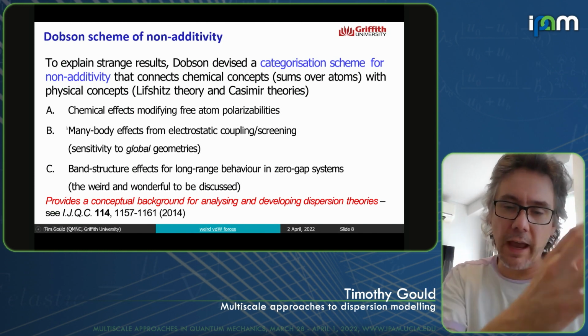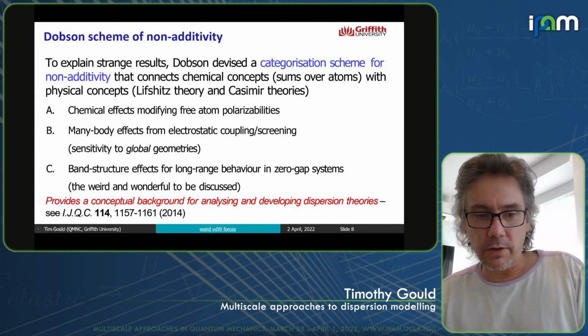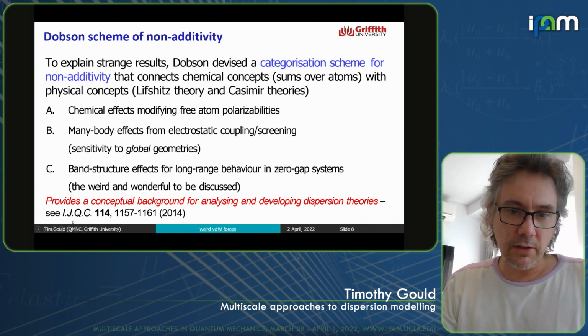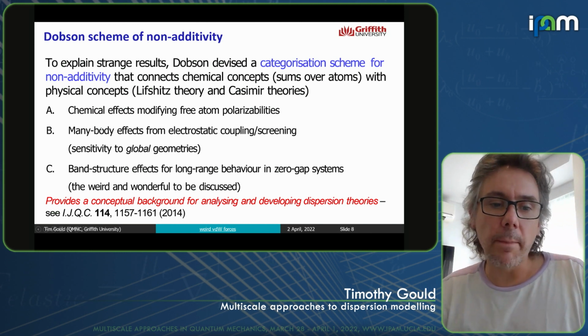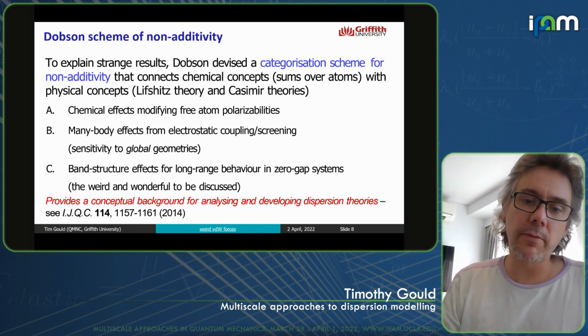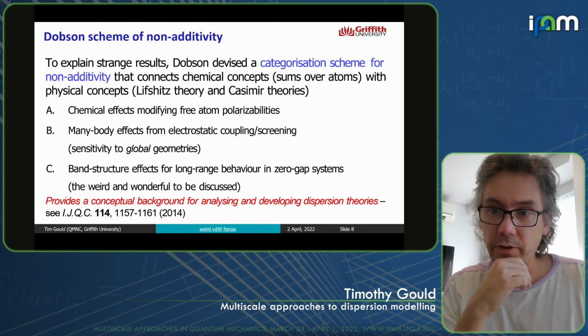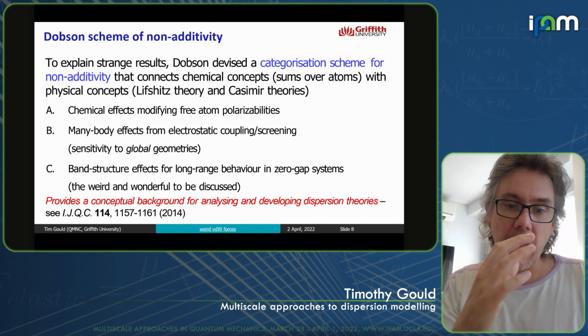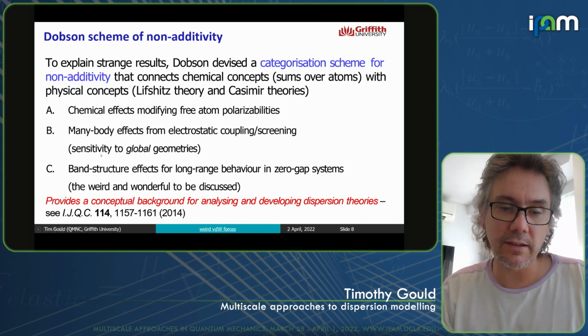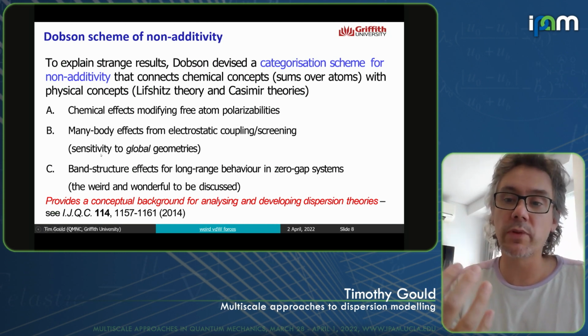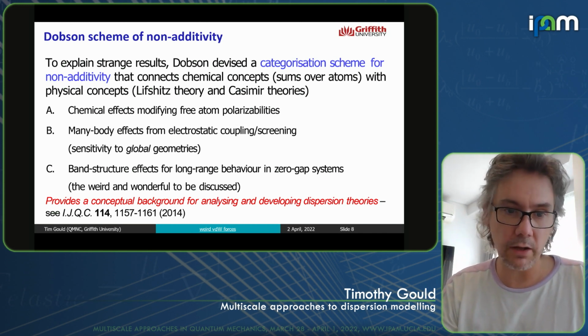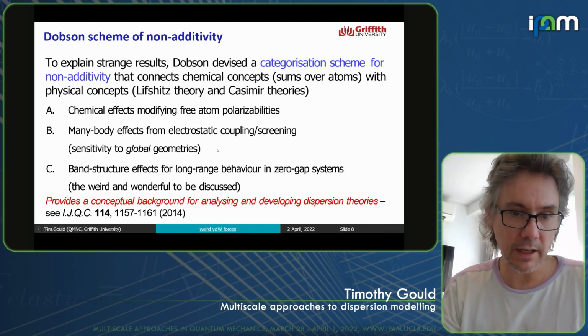Type B effects, and I have to admit I paraphrase these a bit, so if you want John's original definitions, you should look in his paper, but type B is many body effects which come from electrostatic coupling or screening. So these are the effects that are in many body dispersion models, for example. And I like to look at these in some sense as a sensitivity to a global geometry, and I'll talk about that on one of the next slides.